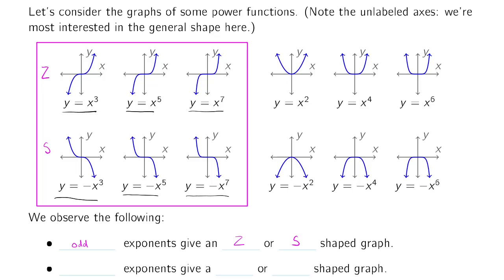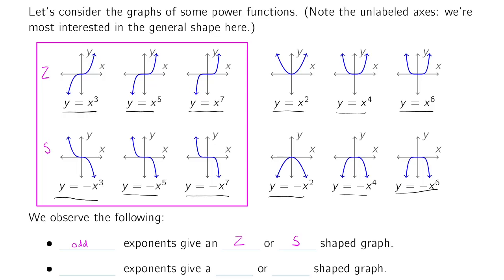On the other hand, looking at the graphs on the right, where I have x squared and negative x squared, x to the fourth and negative x to the fourth, x to the sixth and negative x to the sixth. These graphs go down and then up again, or up and then down again. Right?